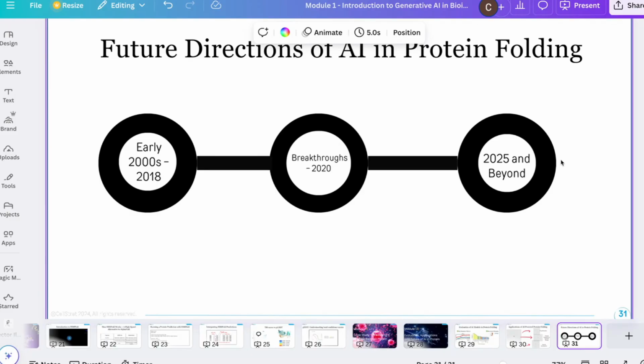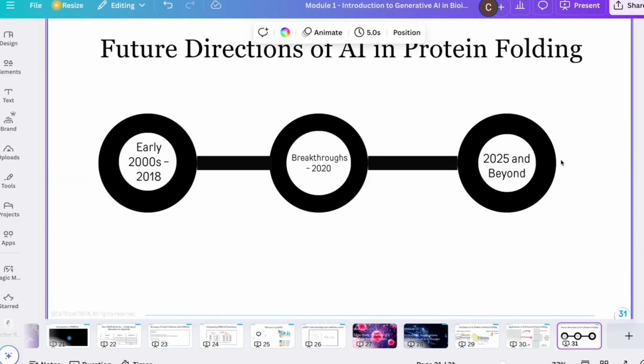These are some of the examples I can think of that would come about in the future, that will be revolutionizing the field of drug discovery, protein folding and disease detection.